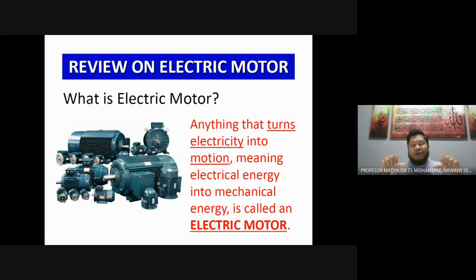This is not like when you ride a motorbike and brake. This is how you brake the electric motor that you apply to, for example, a hybrid car or any industrial application. How are you going to control the motor without any external mechanical braking?